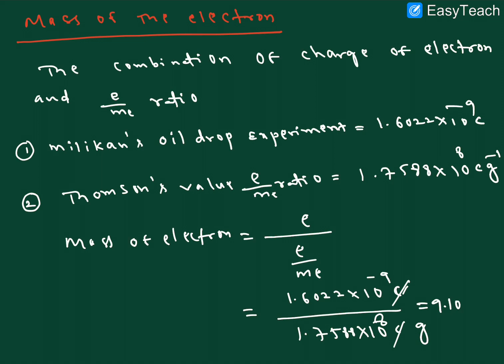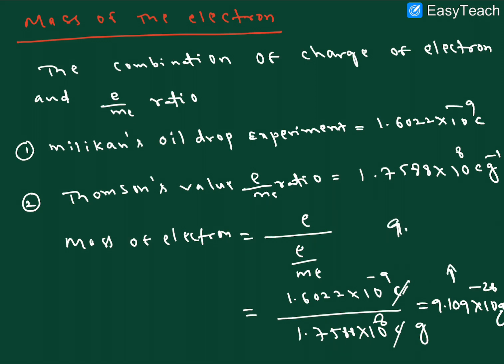So what is the answer? 9.1094 into 10 to the power of minus 28 grams. This is in grams.